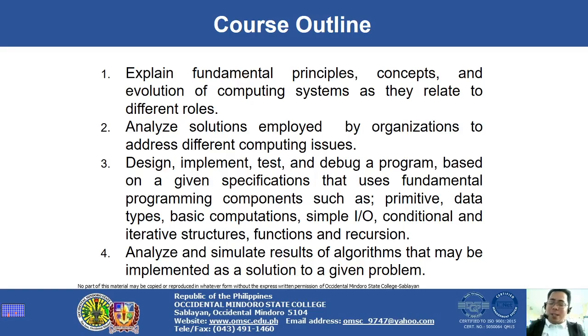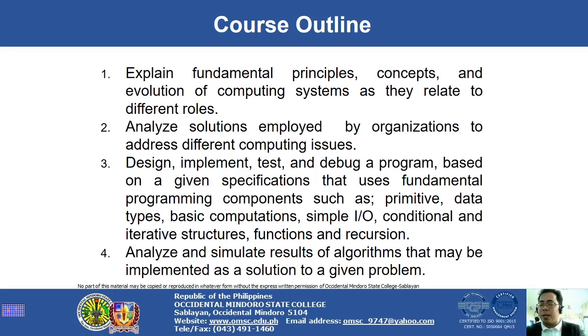Okay, when we say course outcome, this is what the student should attain at the end of this course. So, you should be able to explain the fundamentals, principles, concepts, and evolution of computing systems as they relate to different roles. Simple as this. You need to explain the principles and concepts so you can relate them to different roles.